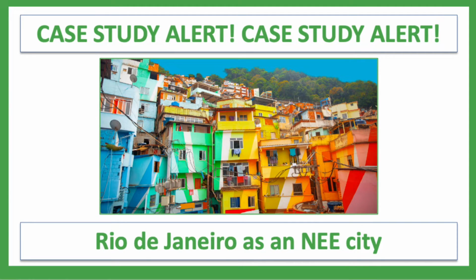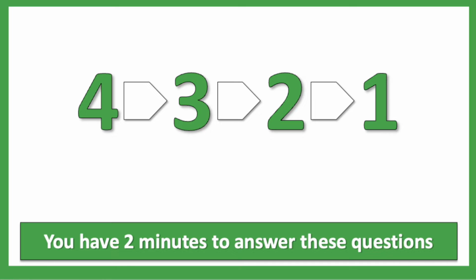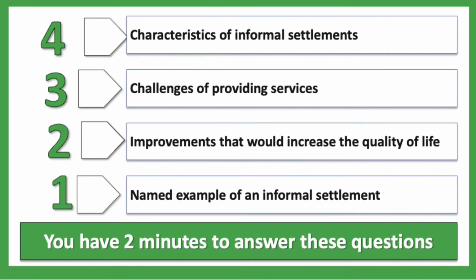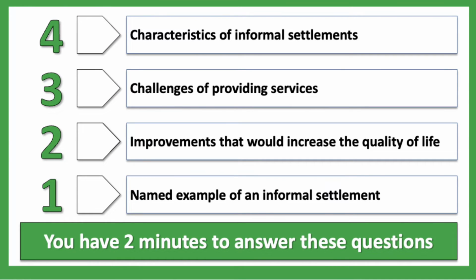So that leads us nicely into this activity, which is a 4, 3, 2, 1 activity. We would like 4 characteristics of informal settlements. We would like 3 challenges of providing services. We would like 2 improvements that would increase the quality of life. And we would like 1 named example of an informal settlement.